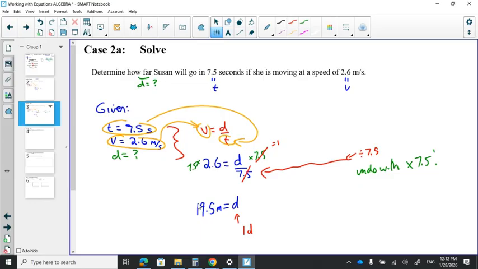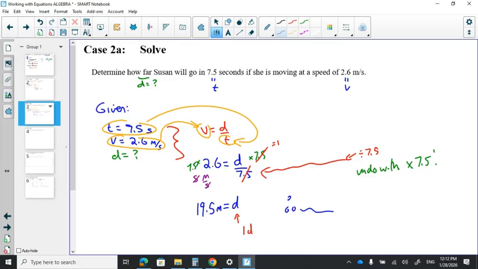If you want to look at the units, the 7.5 is seconds, and the 2.6 was meters per second. So again, you've got seconds divided by seconds canceling out, and you get your meters in the end. This little unit analysis is not always required, of course, but it should make sense. Therefore, the distance is 19.5 meters. That's how far Susan would go.